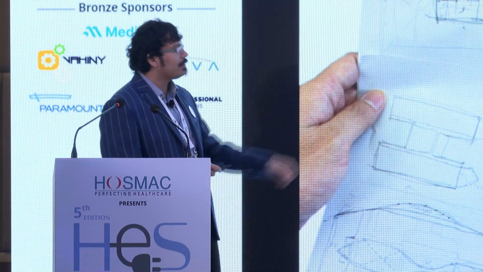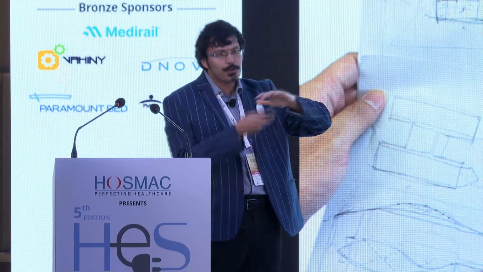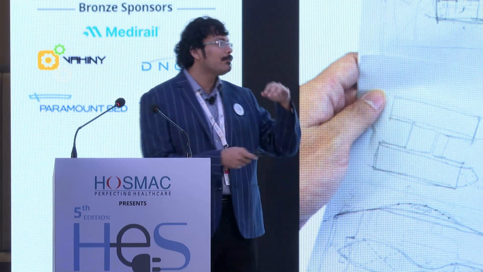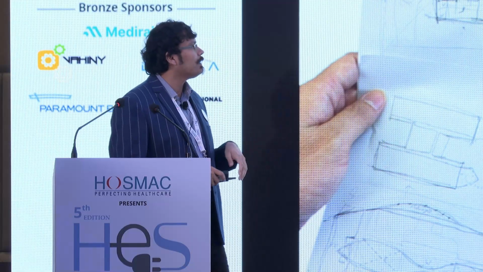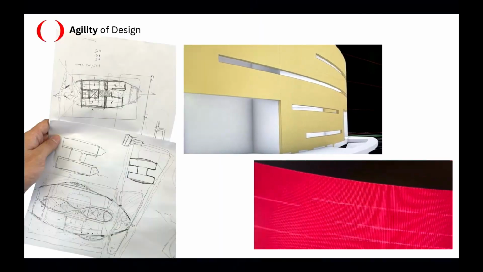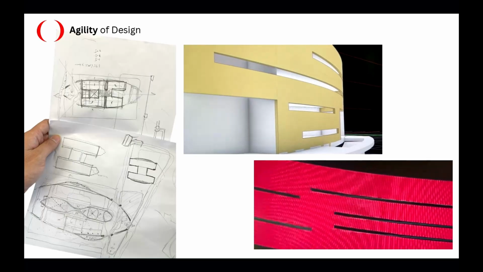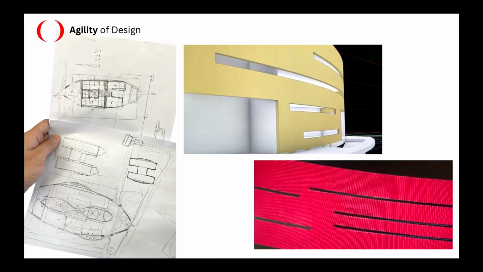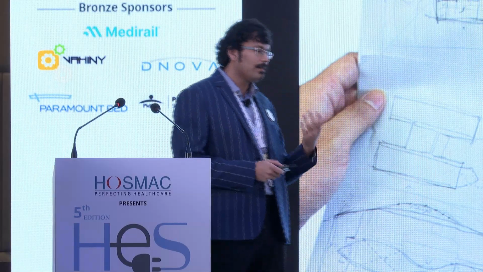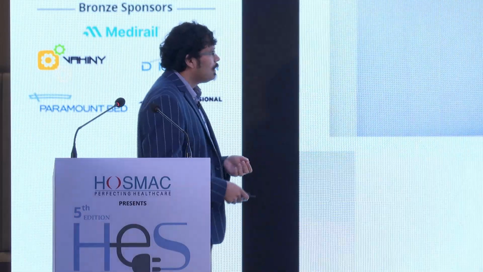So for instance, here we were trying to negotiate what should be the height of the window. For a daycare ward, the height of the window will be something else. For a public cafeteria, maybe you need a much bigger window. Maybe in an OT, you don't need it at all. So how do you bring that agility from a sketch environment into a model environment? That is what we were trying to explore.